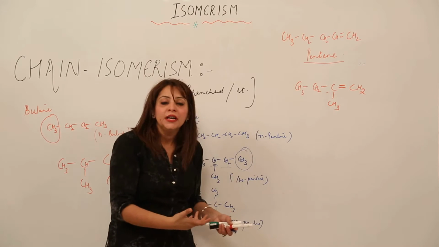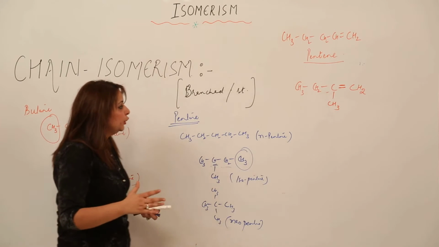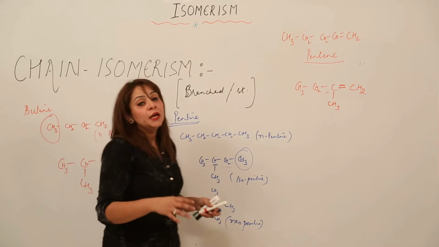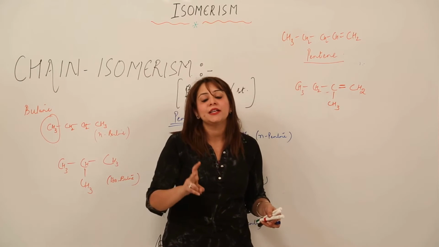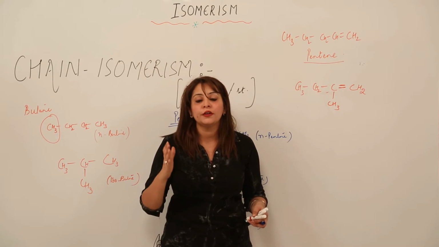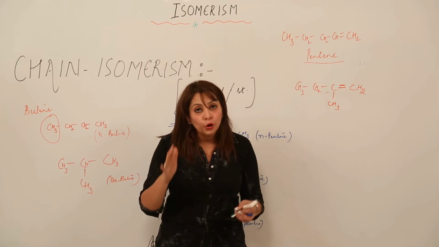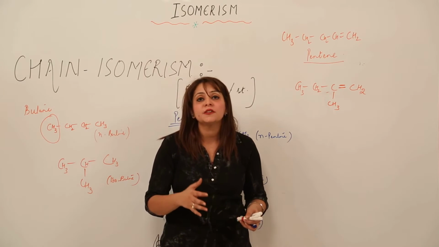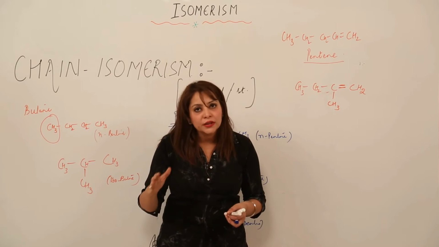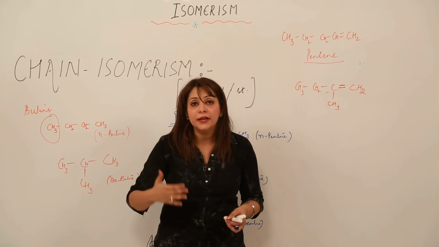So, this is how I have shown you that you can make chain isomers by just condensing the chain. But you have to keep two things in mind: to show chain isomerism, the chain must have a minimum of 4 carbon atoms, not less than that, because meth, eth, and prop do not show this kind of isomerism, as they cannot be further condensed.